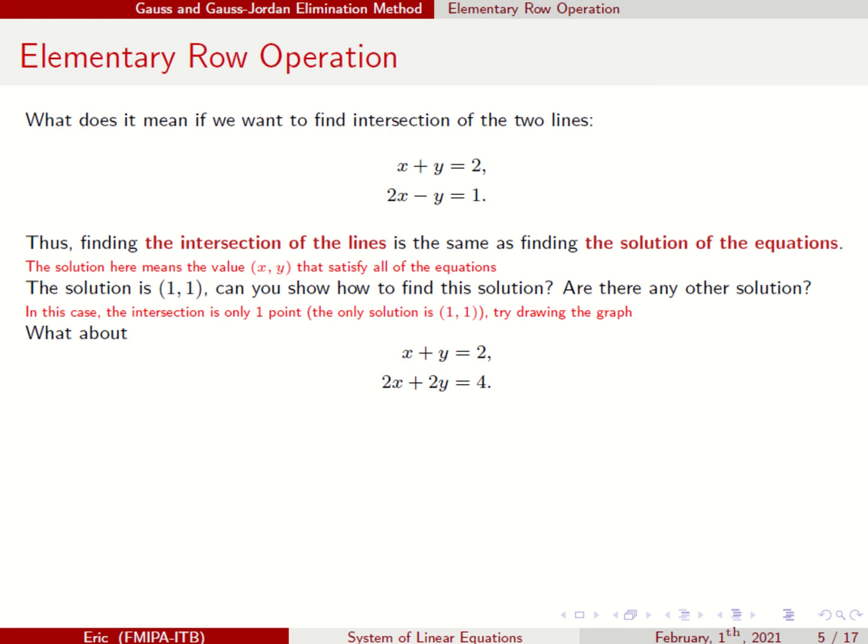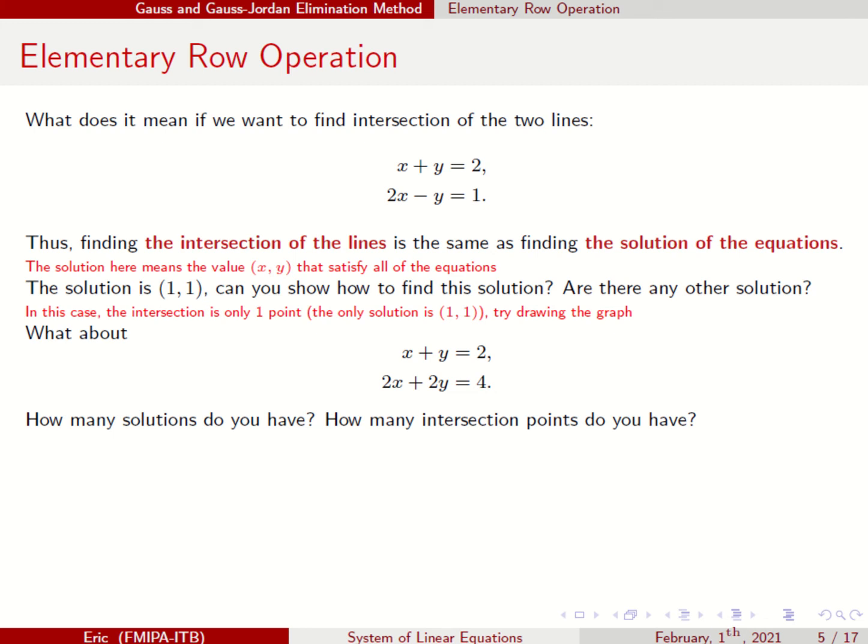What about this one? x plus y equals 2 and 2x plus y equals 4. How many solutions do you have? Don't forget, this is the same as this. This is because the first equation is multiplied by 2, so you have 2x plus 2y equals 4. In short, this is the same equation.